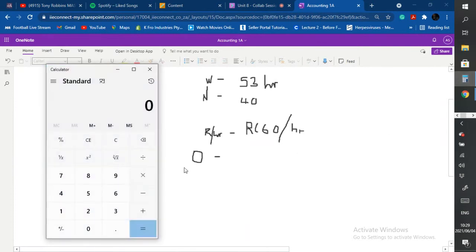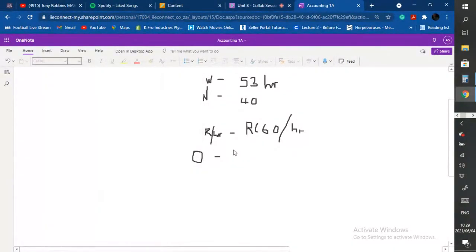So 160 times 1.5 gives us 240. The overtime rate is 240 per hour. Okay, cool, so that's all the information that we know.